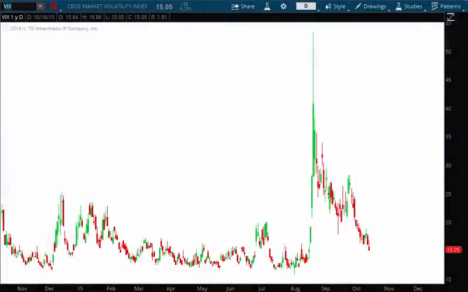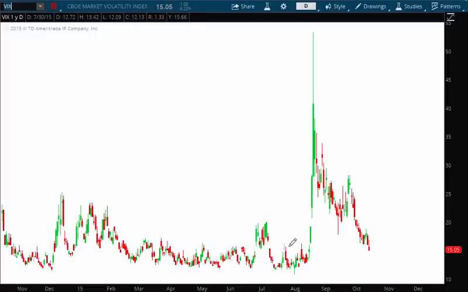I'm AJ Monty. This is a one-year candle chart of the CBOE Volatility Index, also known as the VIX. I'm starting off with this chart as the leading indicator for the rest of the market and what we're going to be seeing in the weeks to come. As you can see, the VIX has been dropping quite steadily from back in August.